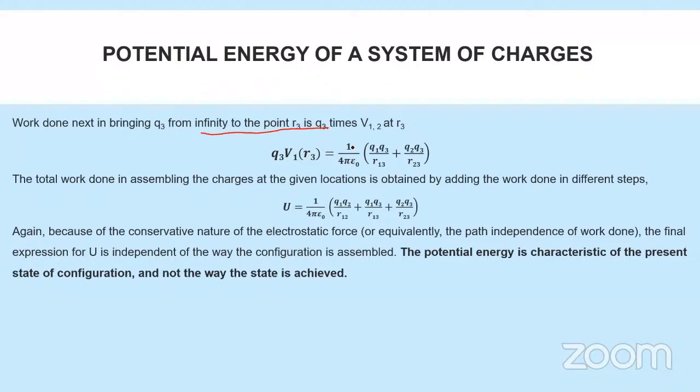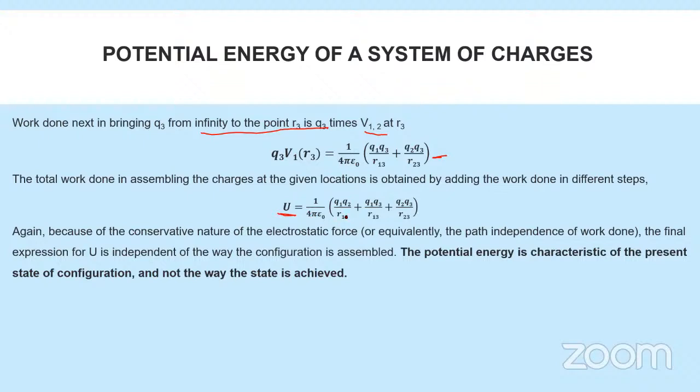So Q3 multiplied by the potential due to both charges 1 and 2 is going to be given in this form. The total work done is going to be stored in the form of potential energy in the charges. Again using the superposition principle, we are going to get an algebraic sum of all the potentials that we have calculated.